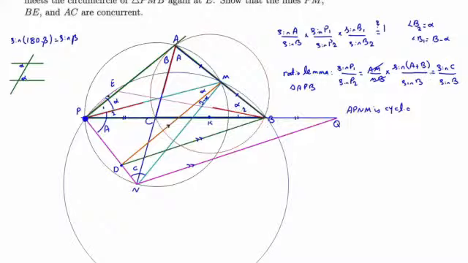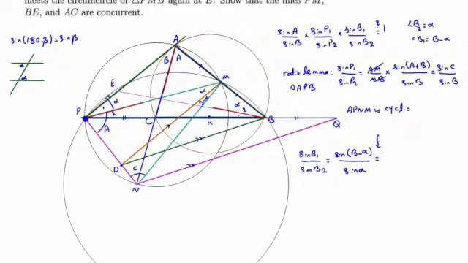So when I want to find sine B1 over B2, I can use triangle MPN and the ratio lemma. So sine B1 over sine B2 that we want to find is sine B minus alpha over sine alpha.